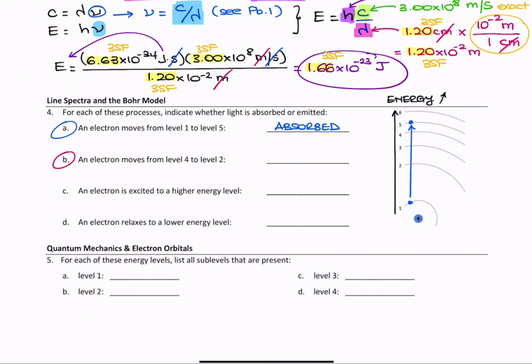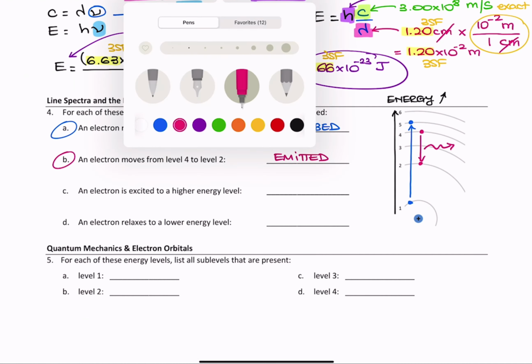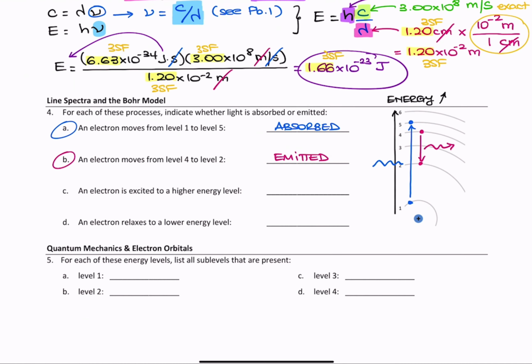B, the electron moves this time from 4 down to 2. So now I have more energy initially than finally, so I'm losing energy, and therefore the light will be emitted. For A, it was absorbed for the electron to jump from 1 to 5.